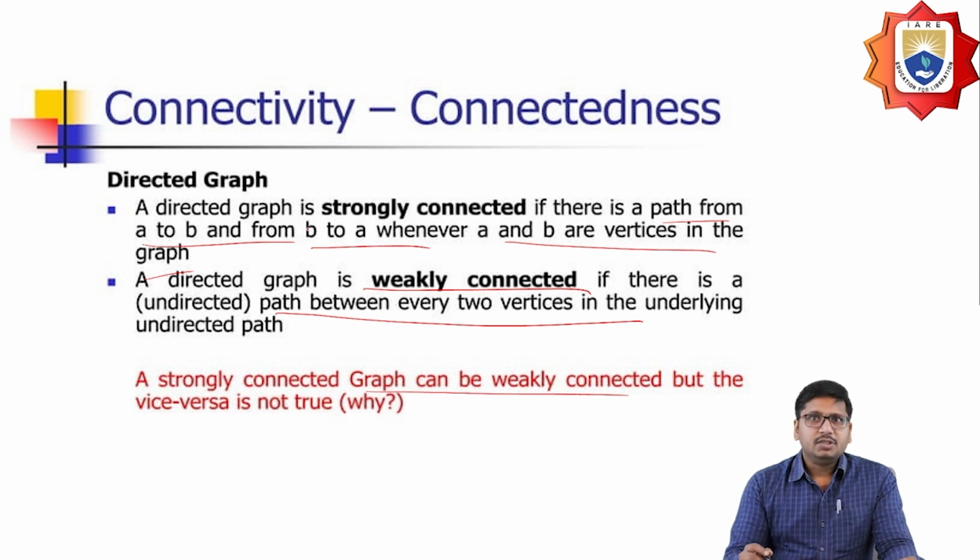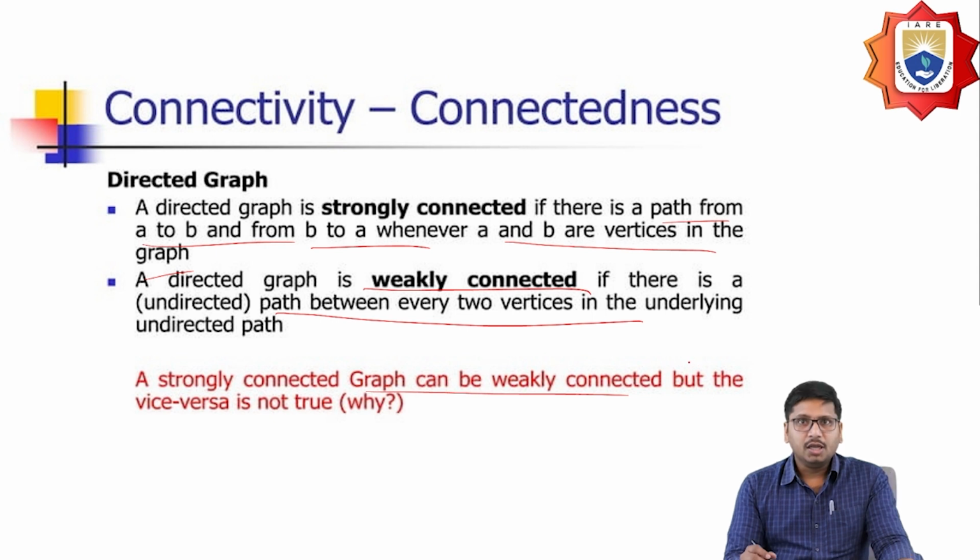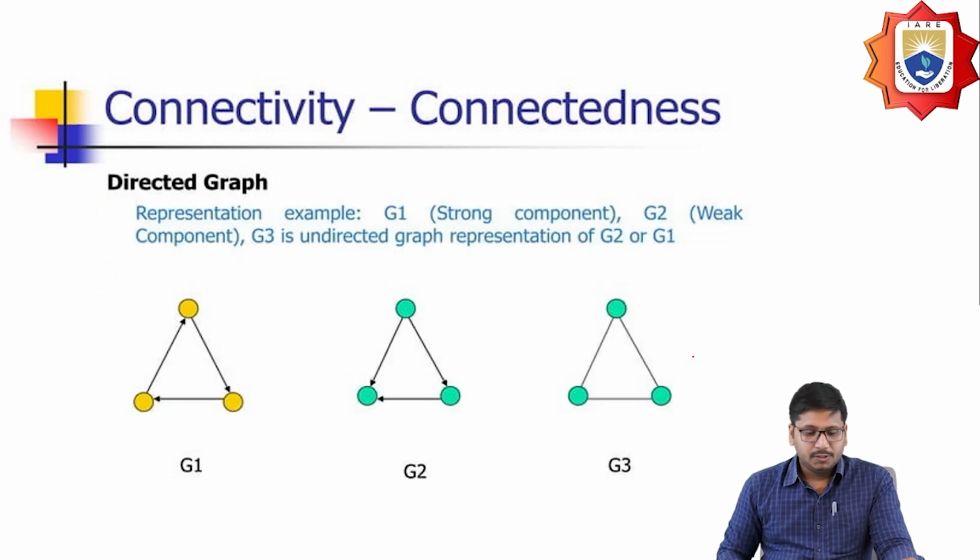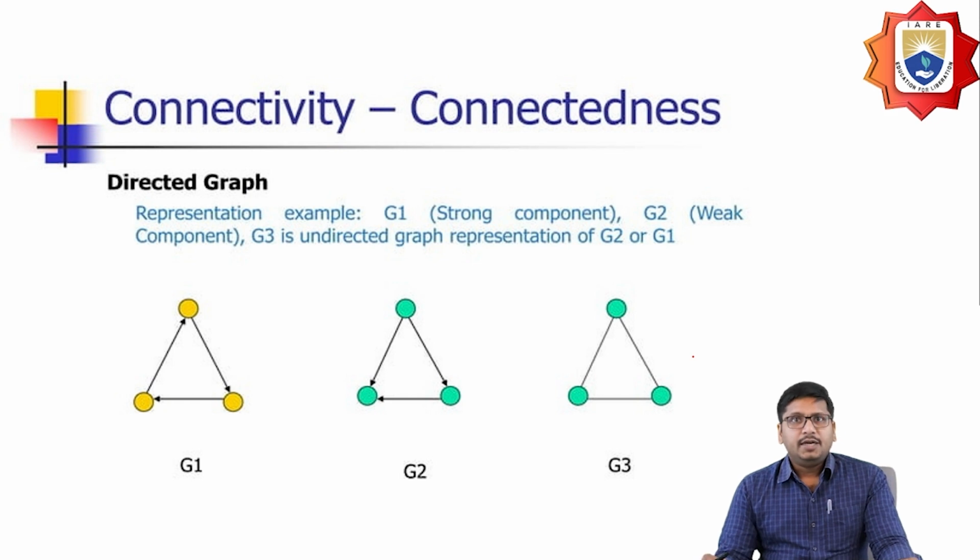So a directed graph is said to be strongly connected if there is a path from A to B and from B to A, whenever A and B are vertices in the graph. And a directed graph is weakly connected if there is a path between every pair of vertices in the underlying undirected graph.